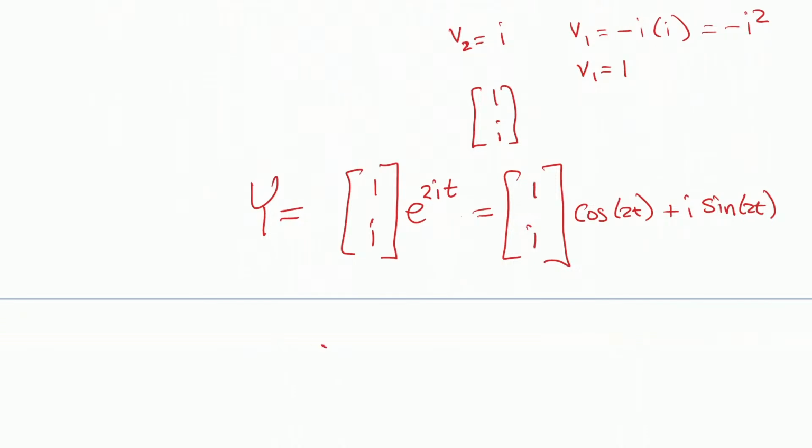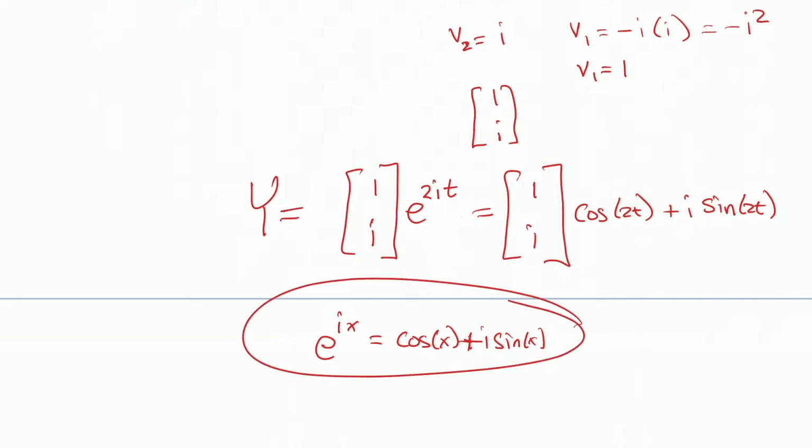This is because e to the ix is equal to cosine of x plus i sine of x. It's Euler's formula from maybe Calc 2 or some other time. I mentioned it back when we were doing the second order differential equations, and then we discarded it pretty quickly. It's the reason why you end up with cosines and sines when you do your stuff with the i's.